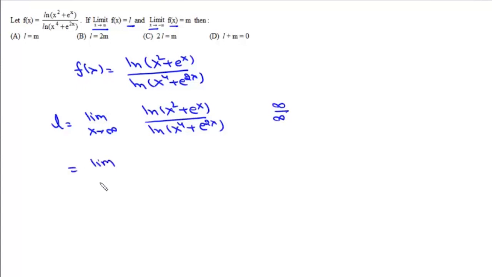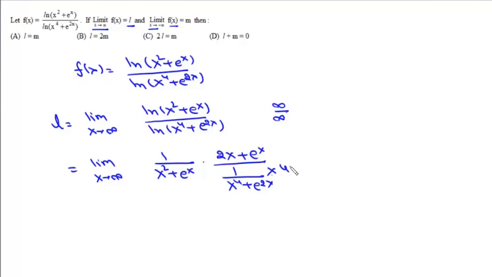So it will be this limit x tends to infinity, and then we can write this as 1 upon x square plus e to the power x into 2x plus e to the power x, and here it will be 1 upon x to the power 4 plus e to the power 2x into 4x cube plus 2 e to the power 2x.